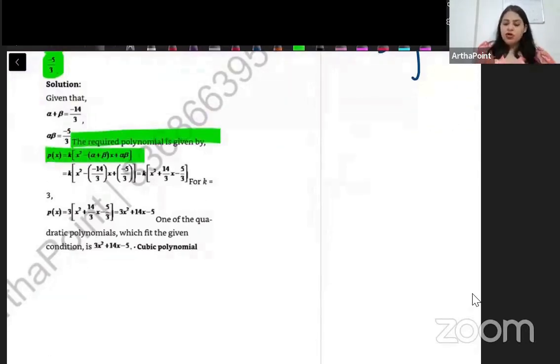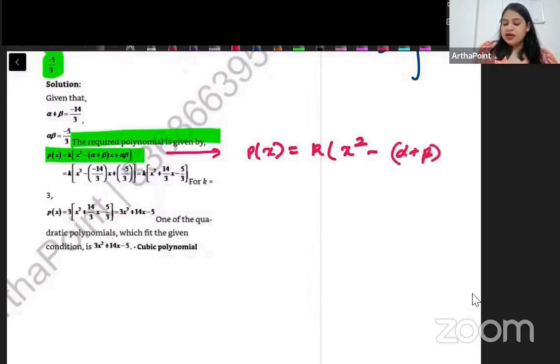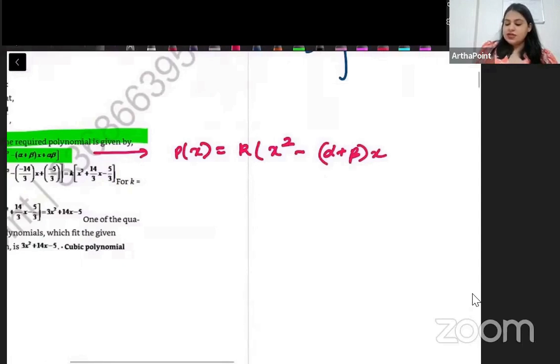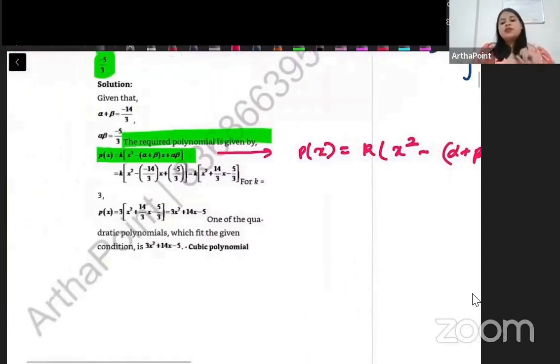Any polynomial can be written in the form of p(x) is equal to k times x square minus alpha plus beta x plus alpha into beta. Whenever you get such a question, you have to say any polynomial can be written in this format.